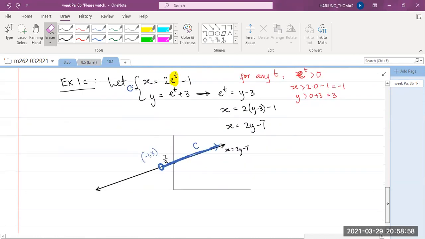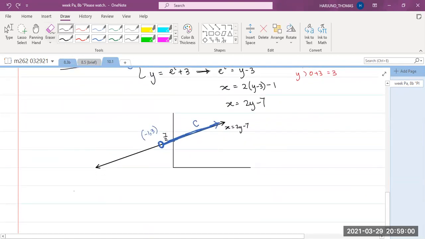And I can change this easily to something else that is only a segment. Let's say 1D. If I use this, let X equal 2 sine t minus 1, and Y is sine t plus 3.